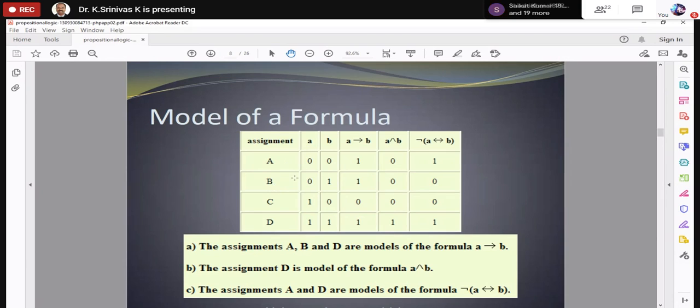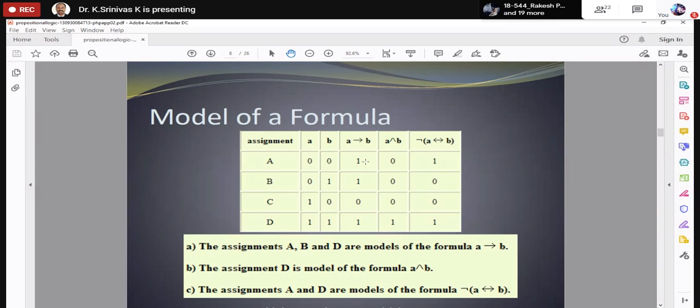Now, with the values which we use for A comma B, I am using these formulas: A implies B, A and B, and negation of A bidirectional B. Now what I am expecting from the model of the formula is that when I apply the formula and get 1 as the result from X, that is A implies B, then X is equal to A implies B and the assignment is that.